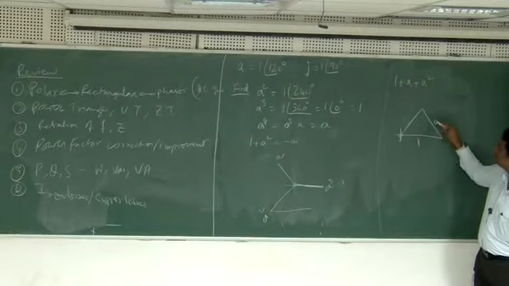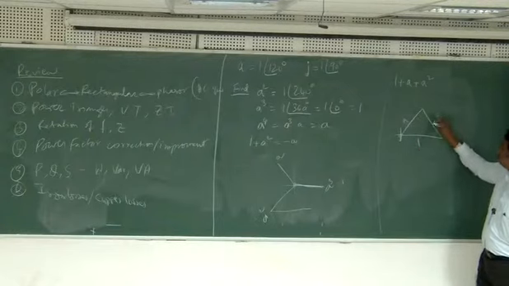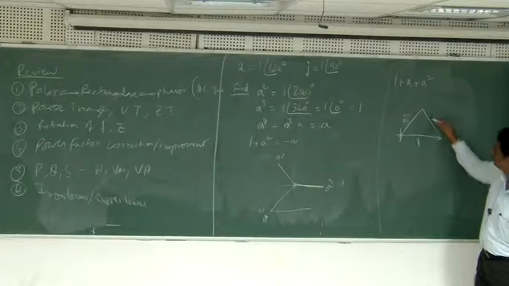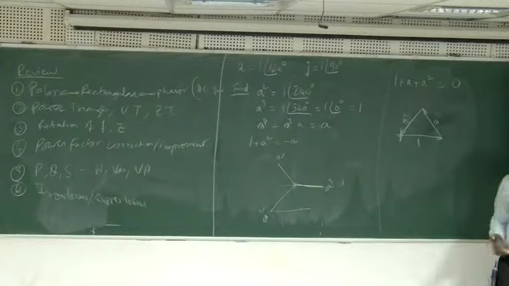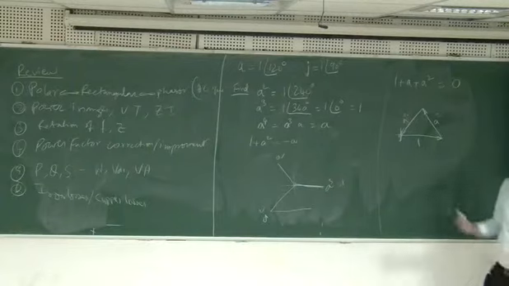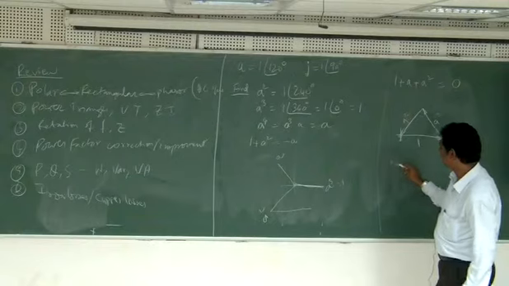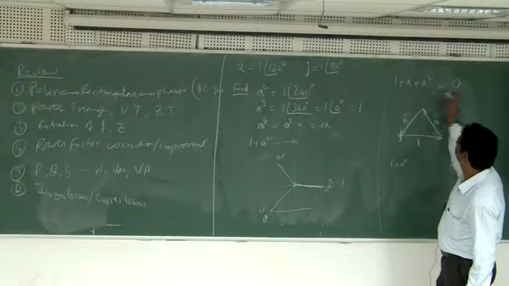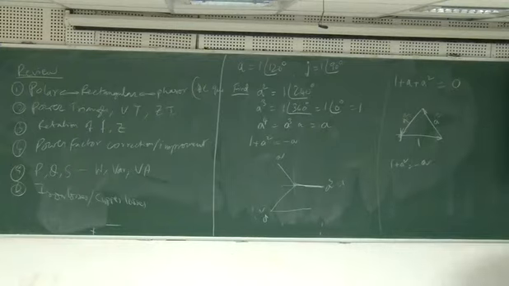So 1 plus A plus A square is 0. By vector addition, therefore, 1 plus A square, you go that side, will be minus A.